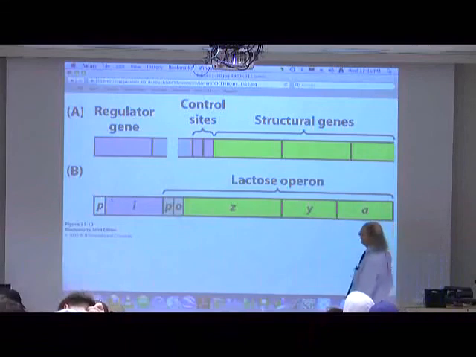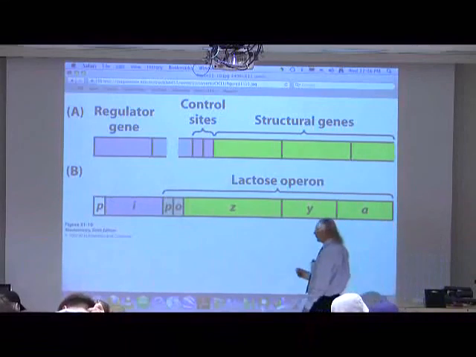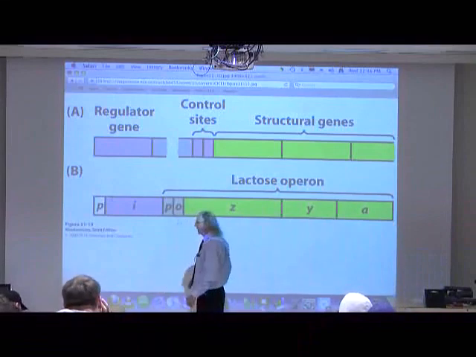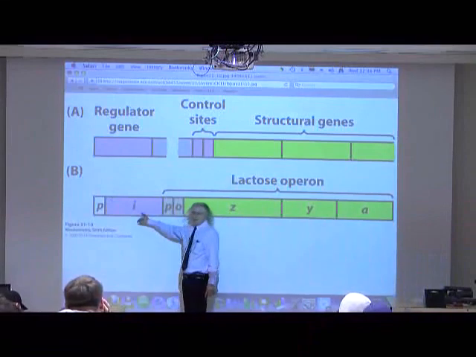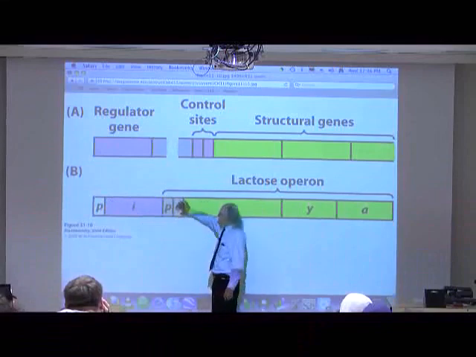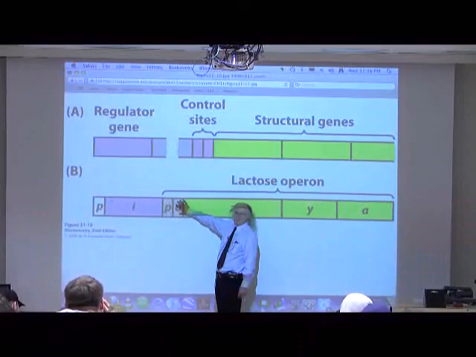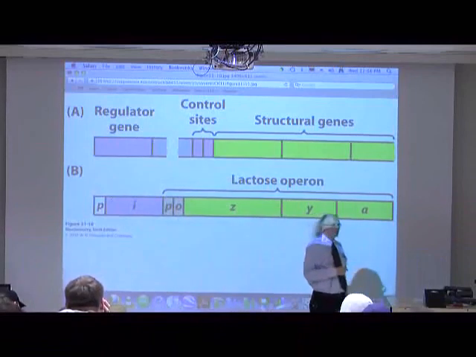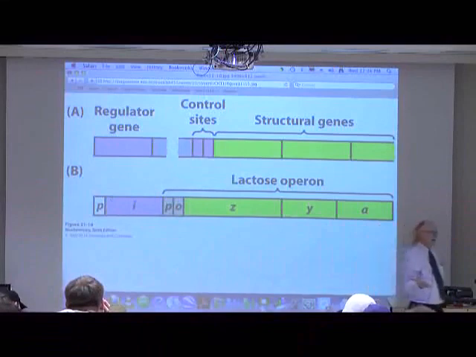The lac repressor is a DNA binding protein that, when it's made, binds to the operator, and it prevents RNA polymerase from being able to start transcription. This is a very effective way to completely turn off transcription of a specific gene.